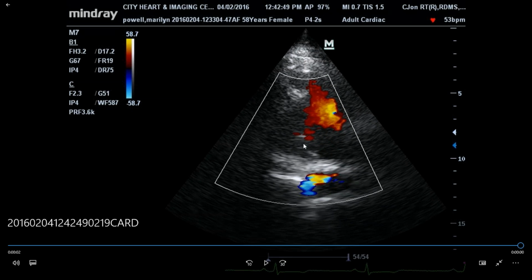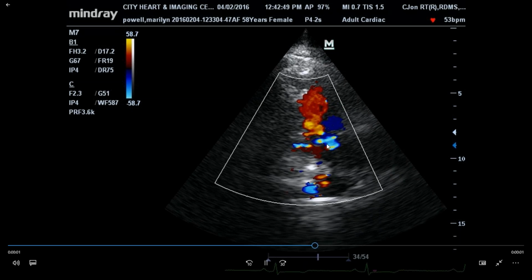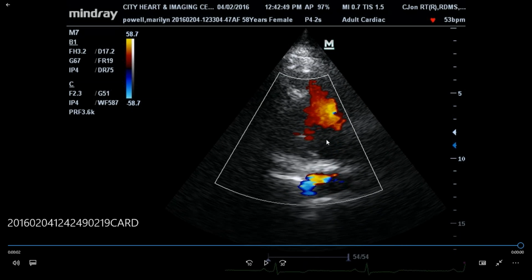But if you look closely right across the tricuspid valve, you see shades of blue. It's a jet right here. So this is tricuspid regurgitation. It's shades of blue, moving away from the transducer.